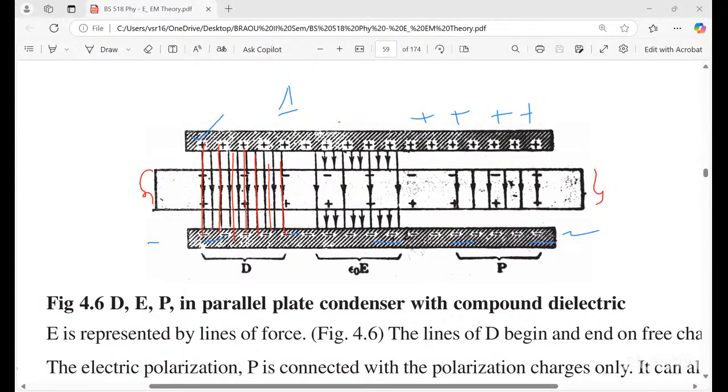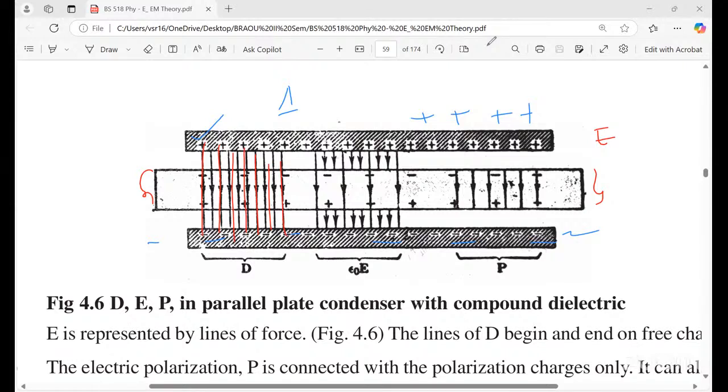So there you may observe that in the dielectric slab there is a random orientation of the charges. So whenever you place a dielectric slab between the plates of the capacitor, because one is positive and another is negative, an electric field is generated. Due to this electric field, the alignment happens, that means the induced charges turn towards the opposite charges.